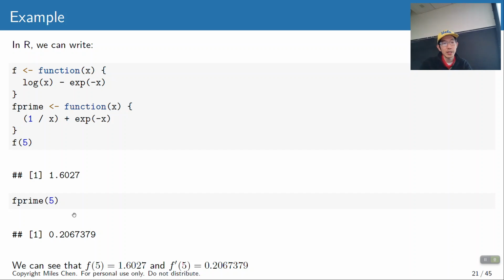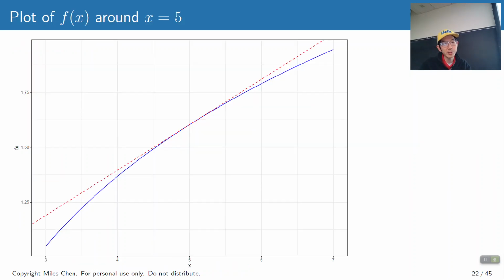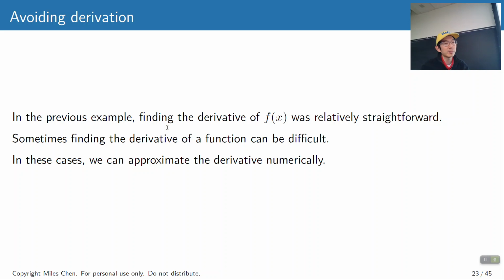Here's a picture of the function at 5 and the tangent line at 5. That function is simple enough that finding the derivative was pretty straightforward.